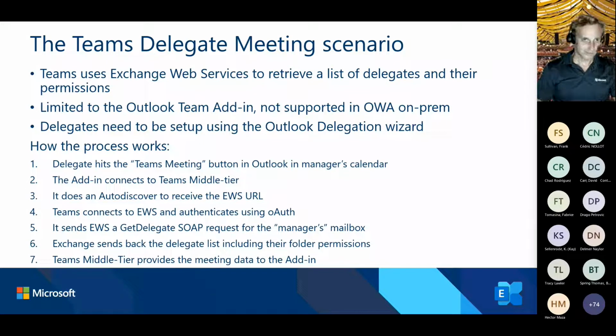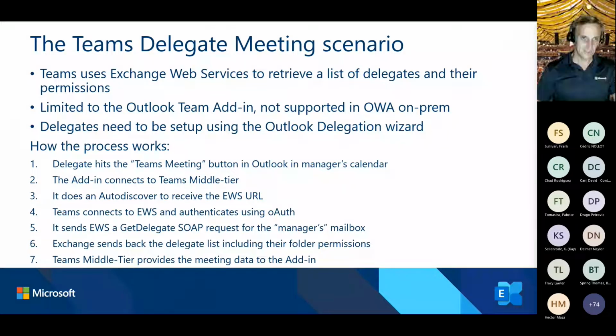So how it works: the delegate navigates to the manager's calendar and hits the button for a new Teams meeting in Outlook. In Outlook, there's the Teams meeting add-in, I can show you in a second.